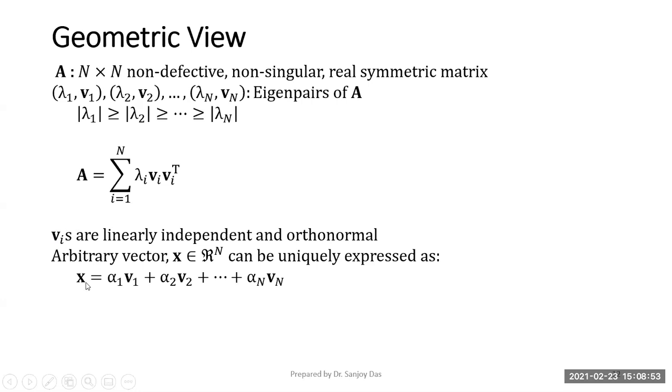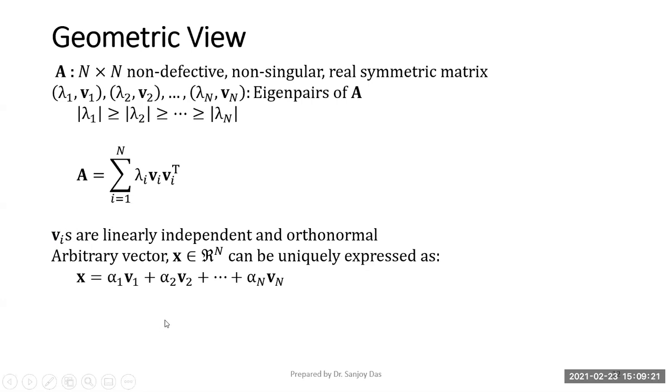So let's say x equals alpha 1 v1 plus alpha 2 v2 until alpha n vn. We take any arbitrary x, and alpha 1, alpha 2, and alpha n are the coefficients for v1, v2, and vn. v1 through vn are the eigenvectors, which are now the n coordinates of our n-dimensional space.